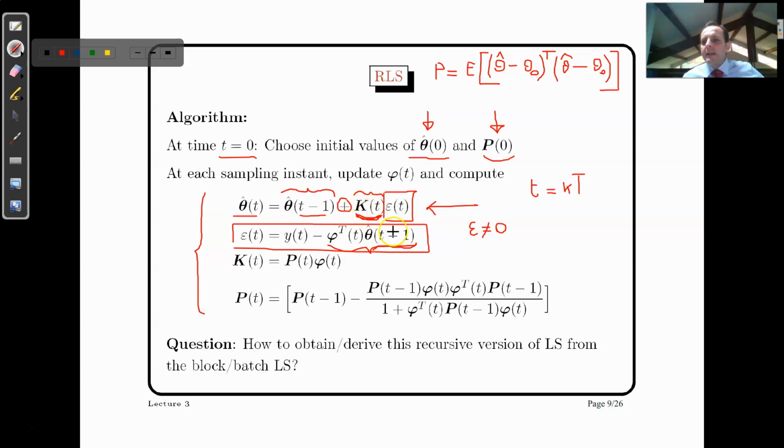Normally, in the training of a neural network, K is the learning rate, something that is adapted according to the learning of the network. In this case, K depends on two factors, as you can see here.